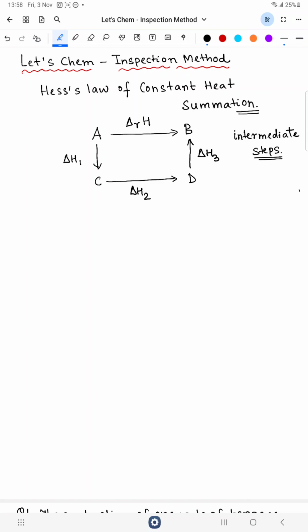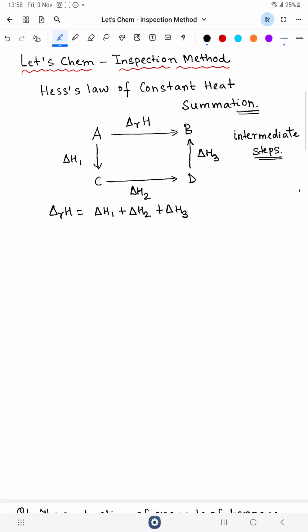So if we apply Hess's law here, we can write that delta RH equals delta H1 plus delta H2 plus delta H3. But this is only when there are 3 substeps or 3 intermediate steps, right? There can be 4 intermediate steps, 5 intermediate steps, there can be n intermediate steps.